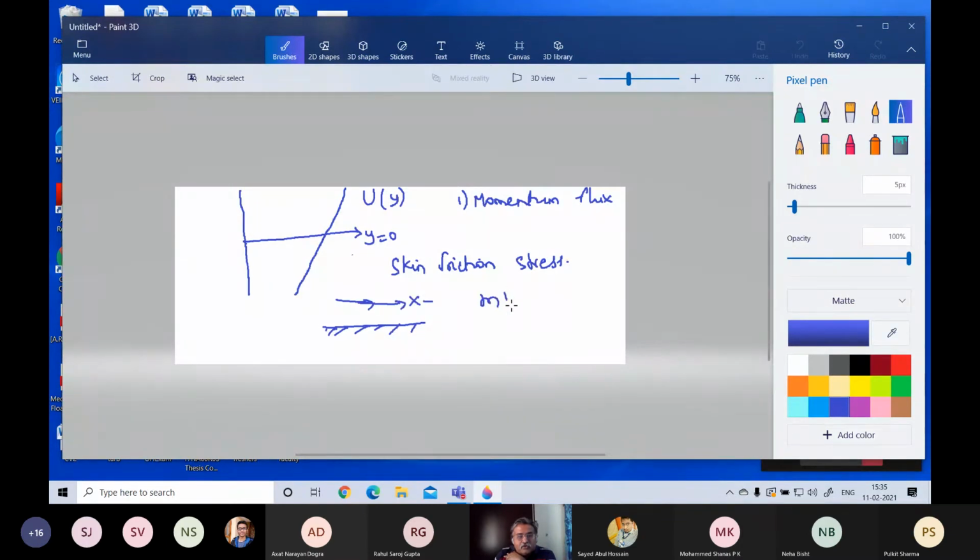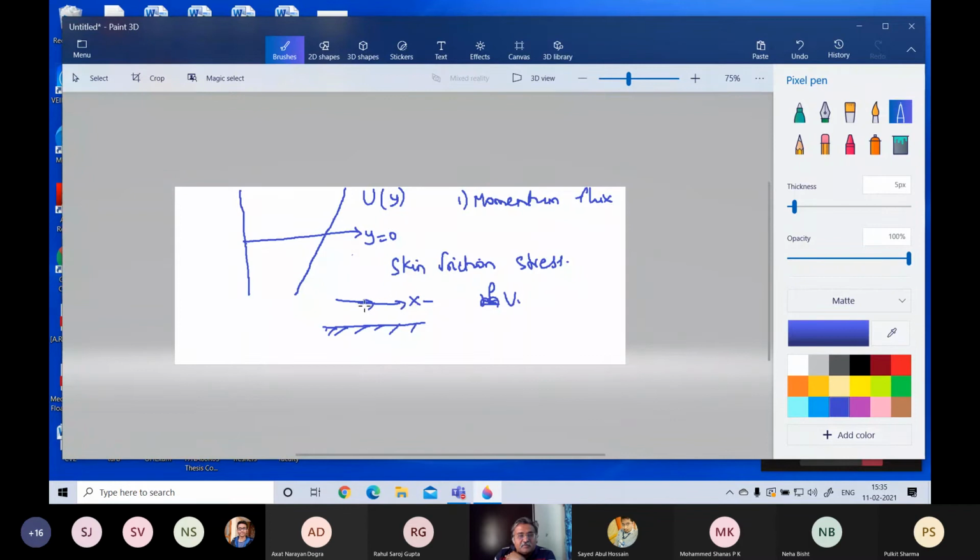Means m into u. m is the mass of the fluid, and u is the velocity. Usually in case of fluids, we do not write m, we usually write rho, per unit volume. So rho into u is known as the momentum per unit volume in the X direction.